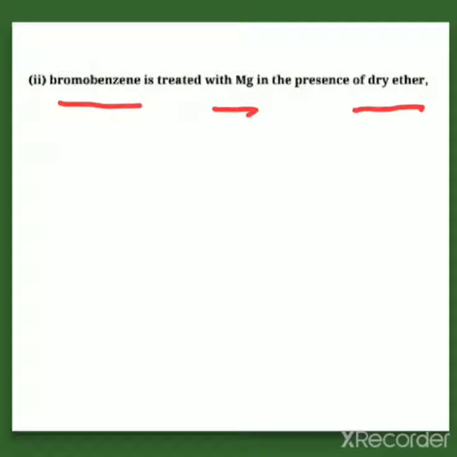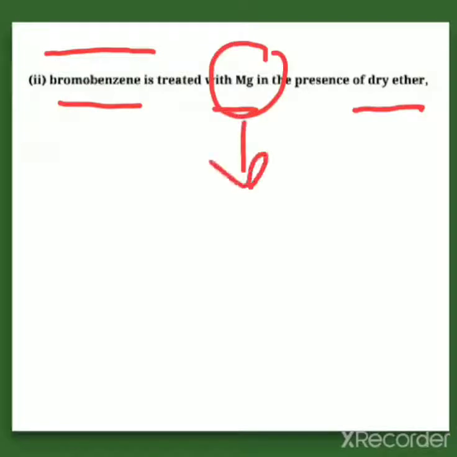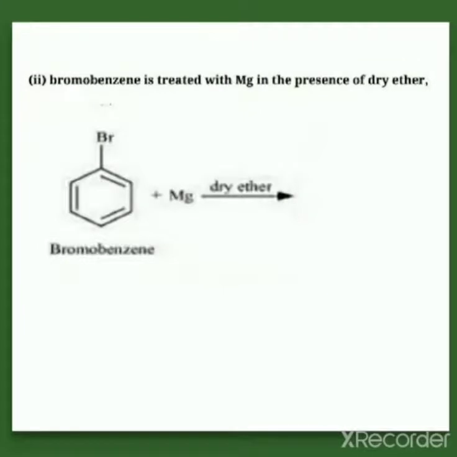If you remember, we have learned that the reaction of an alkyl halide or aryl halide with magnesium gives rise to the formation of a Grignard reagent. So let us do this equation. Make the structure for bromobenzene: on the benzene ring there is one Br, plus Mg in the presence of dry ether.